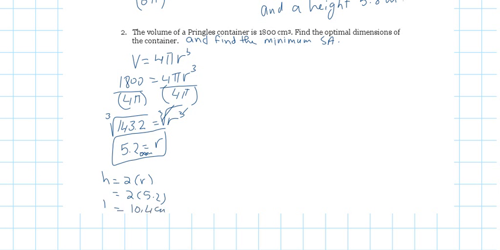So you can write your therefore statement. Therefore, the radius is 5.2 centimeters and the height is 10.4 centimeters. Are we okay with this? Now the question is, what would be the minimum surface area? Remember that the formula for surface area is 6 pi r squared.